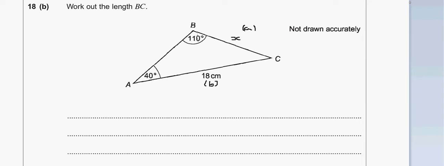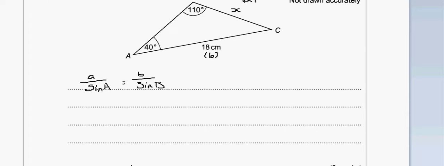Now because we have matched pairs, we can use the sine rule, and we're looking for a length. So little a over sine A equals little b over sine B. This is given to you at the beginning of the paper.